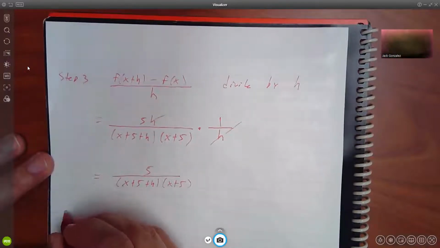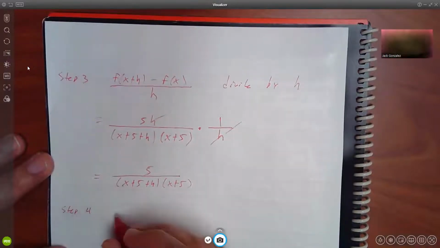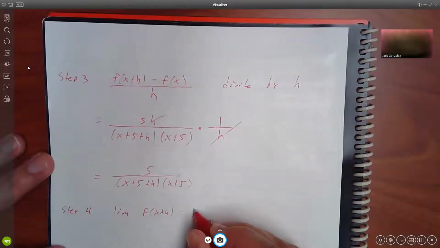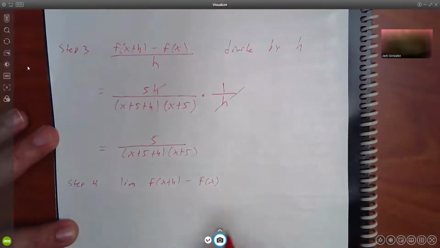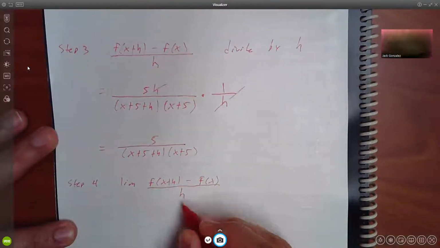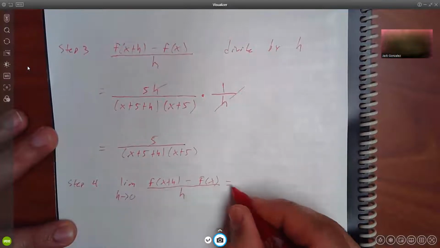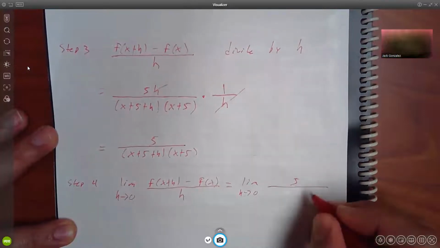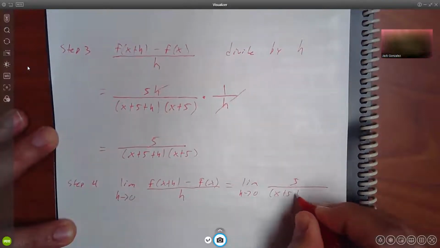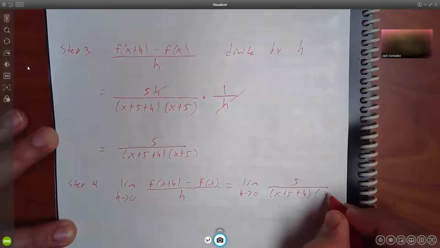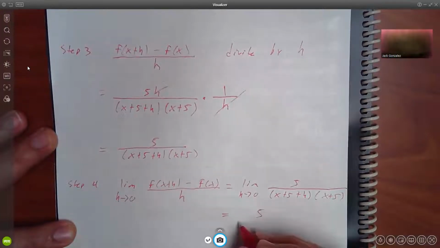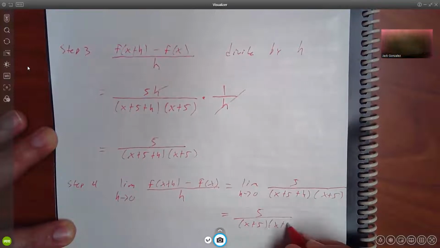So, step 4, the easy part. The limit of all of this garbage will equal the limit of this guy, which will give me 5 over x plus 5, x plus 5.